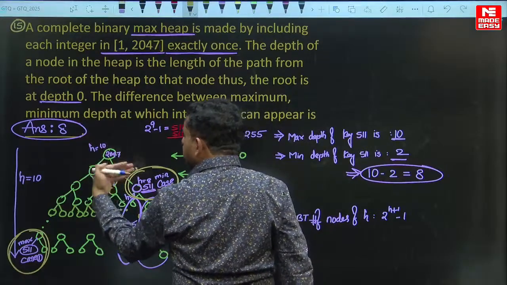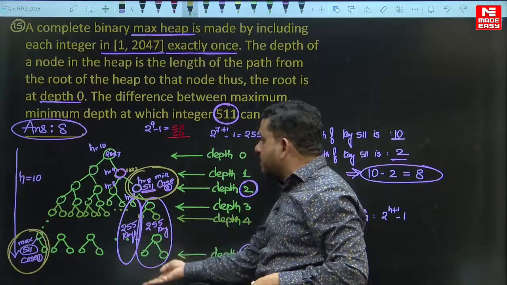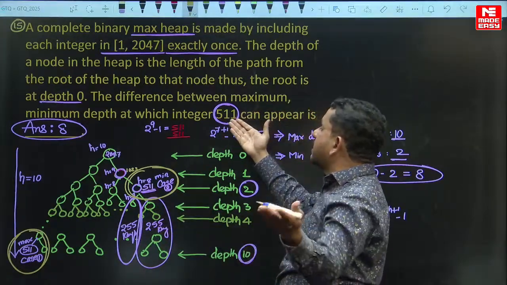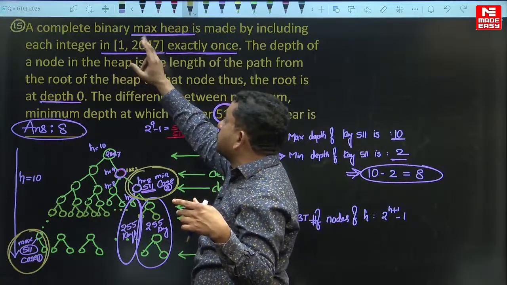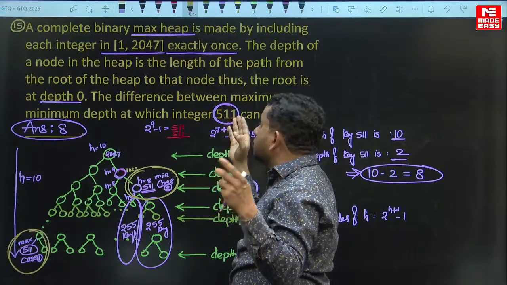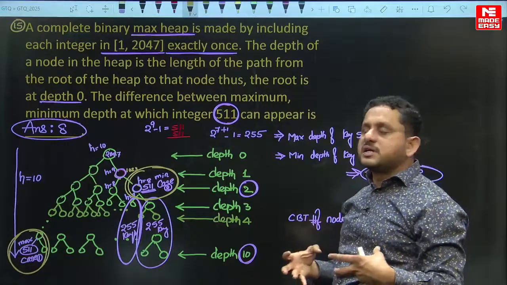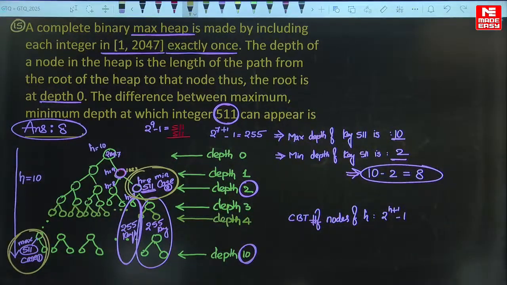Instead of looking for how many smaller elements should be descendants, if it is a min heap, how many elements are bigger than 511? Compared to 511, how many bigger elements are there out of 2047? 2047 minus 511, so those many elements should be on the descendant side. Based on that, you need to see the minimum depth. Similarly, you can try the calculation. Easy question only.